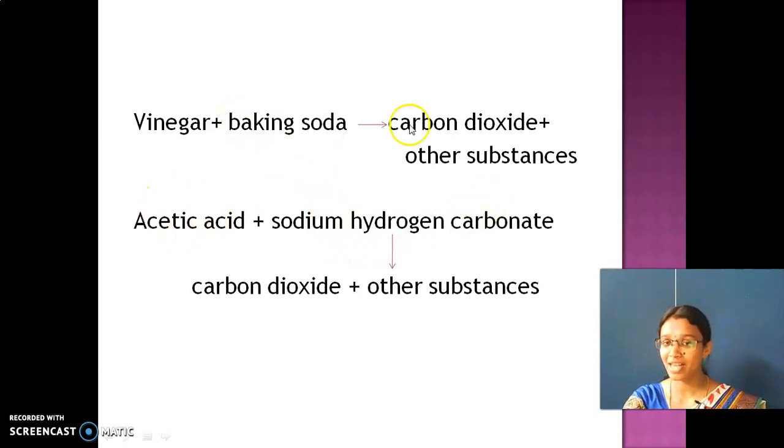On the reaction between these two substances, what do we get? Yes, we get carbon dioxide plus other substances. So this is the first reaction.